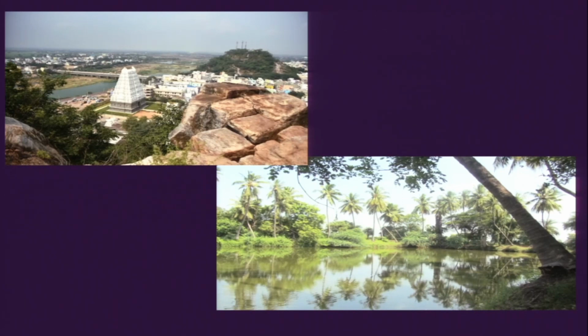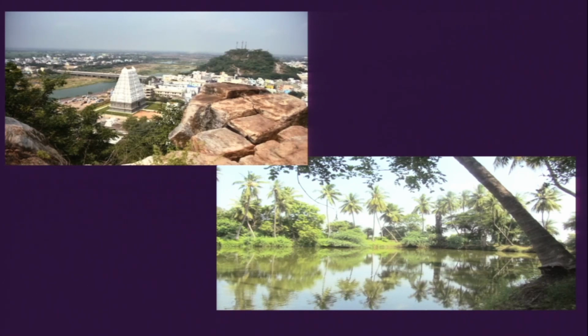Now the other thing we also see in the historic port town of Machilipatnam, since I have already mentioned that many trade routes connected this area, is that during the early modern period, in the 16th and 17th century, the port of Machilipatnam was one of the most important ports on the southeastern Coromandel coastline of India, and this port site also worked as one of the prime port sites for the Qutub Shahi dynasty.